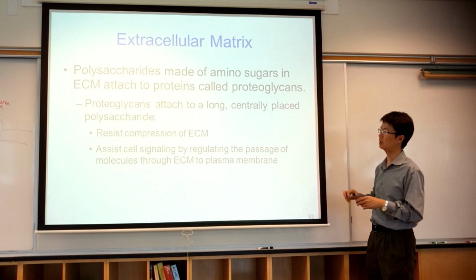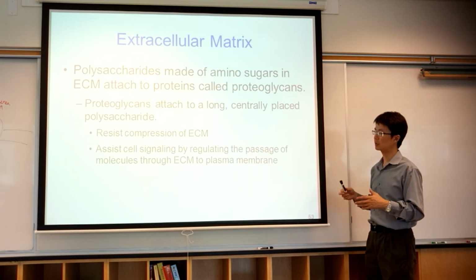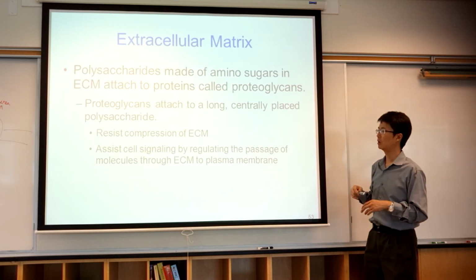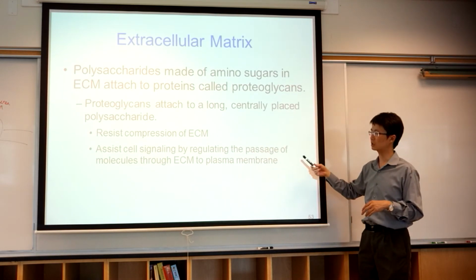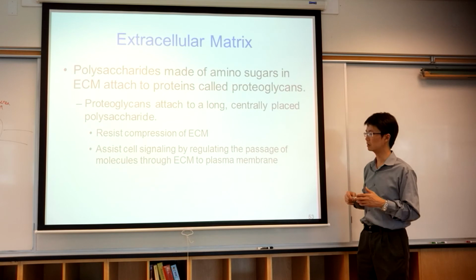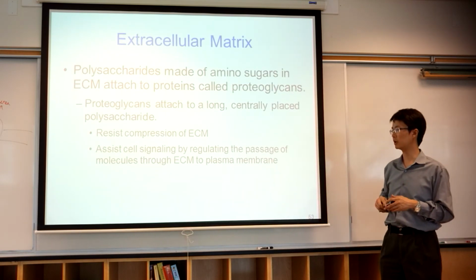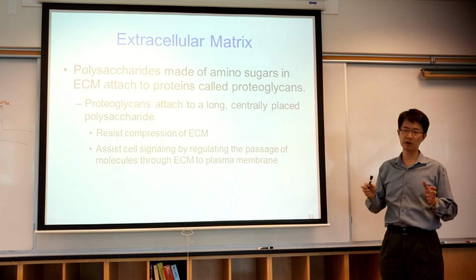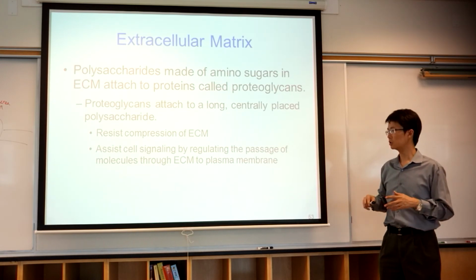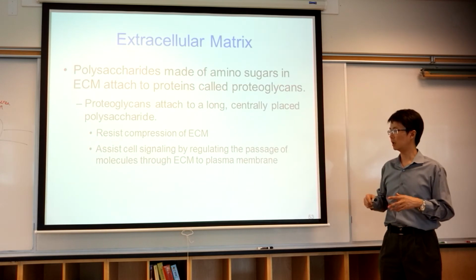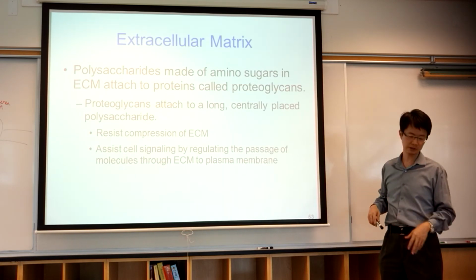Proteoglycan can help to maintain the cell shape because it resists the compression of ECM. Also, it assists the cell-to-cell signaling and regulates passage of molecules through ECM to the plasma membrane. So our cells are well protected against being poisoned by those cell signaling molecules that can go through ECM.